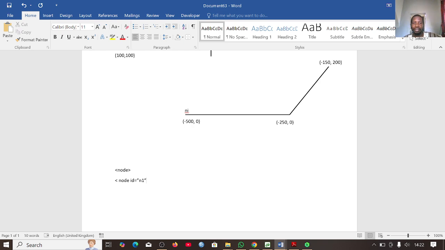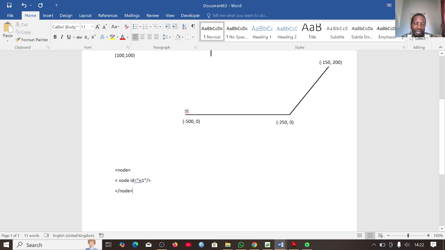If this is the only command that I want, I will use the greater than sign. But I will not stop here. I have to come down because I need to close the tag to tell it that the tag has been closed. So I will now write this.